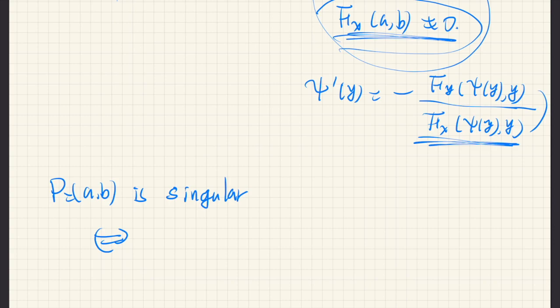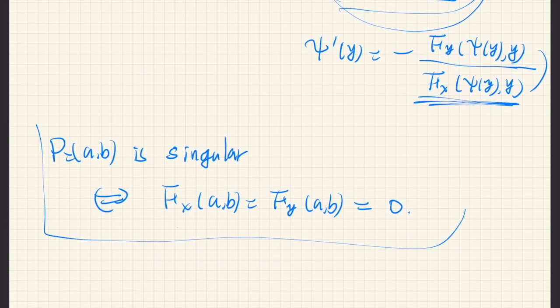What this means in this context is that the partial derivatives f_x(a, b) and f_y(a, b) are both equal to 0. If the point is not singular, then the point is called a regular point. Okay, singular points and regular points.